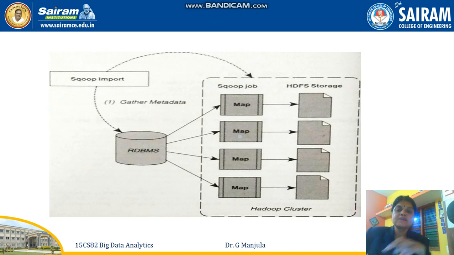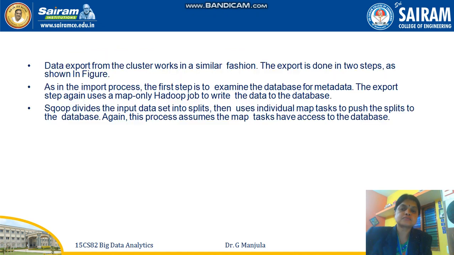The mapper is concerned with collecting the input and applying some algorithm, method or technique, which is done with the cluster, and I am collecting into HDFS storage. So this is one way of importing data using the MapReduce framework. This is Sqoop using a mapper, but remember, we will not use a reducer here.